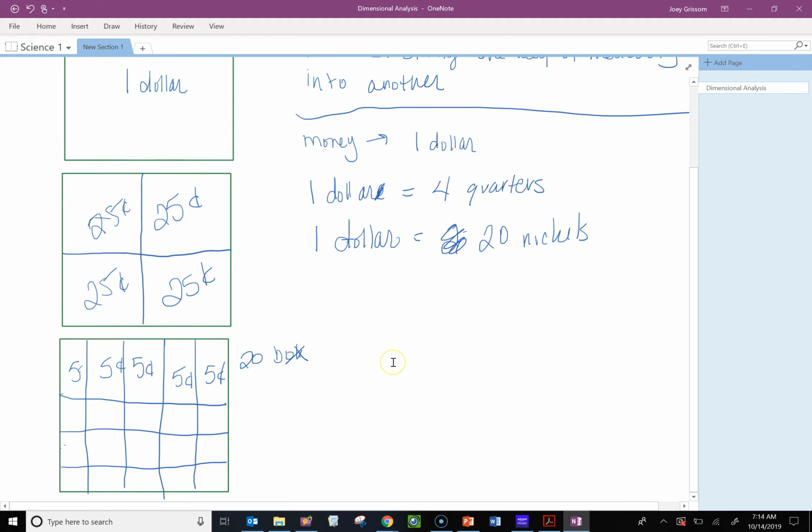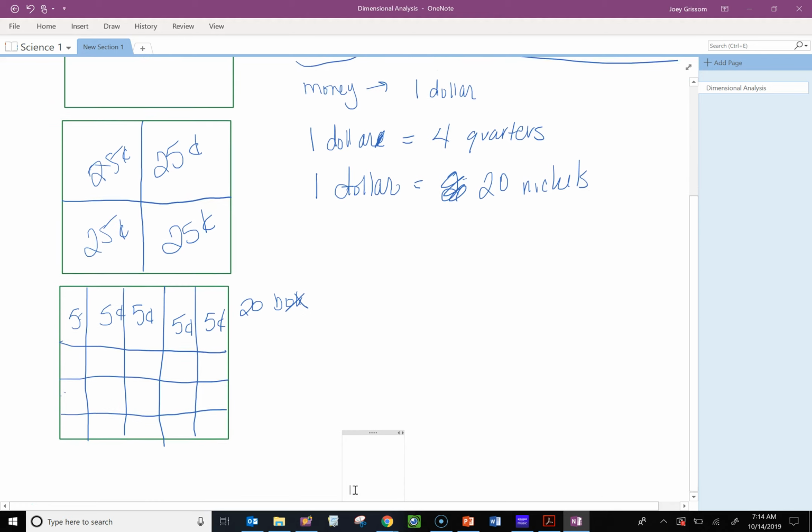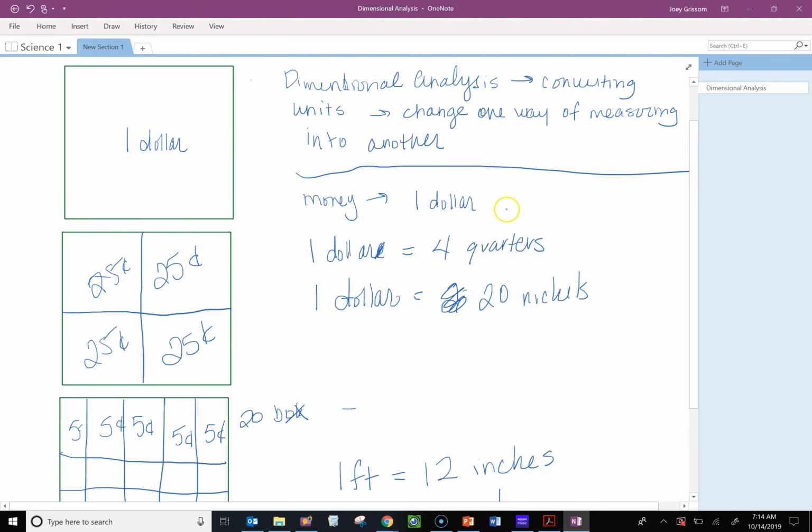Okay, another way that you all have experienced or practiced this is with measurements, right? With the idea that what you are measuring or looking for is a foot, right? If I asked you to take 1 foot, you can split that up into 12 inches, right? You guys know how to do that. Another thing you guys know is that a yard is about 3 feet. Okay, so all of these things that we've related here are equivalencies.